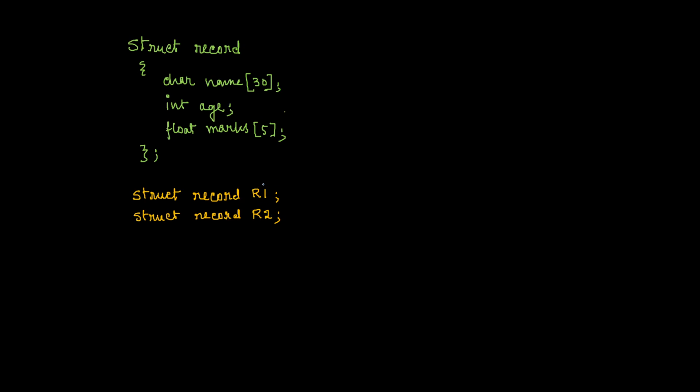And the architecture of the instance will look something like this, because these instances are of this particular structure. So assume that this is your building plan, and R1, R2 are individual constructions whose architecture is the same according to your plan. So physically this structure does not exist, but R1 and R2 exist.